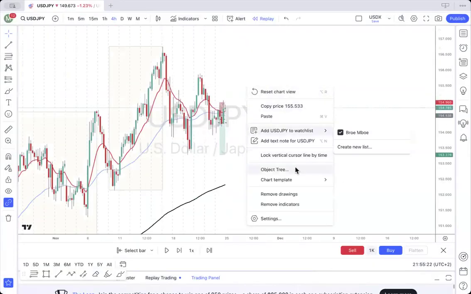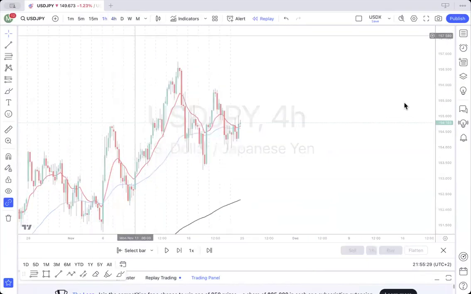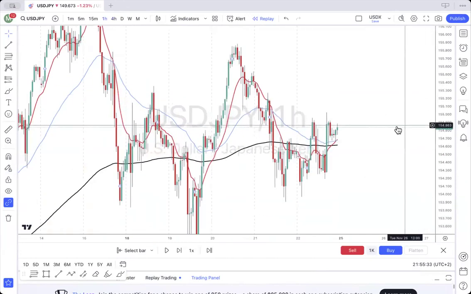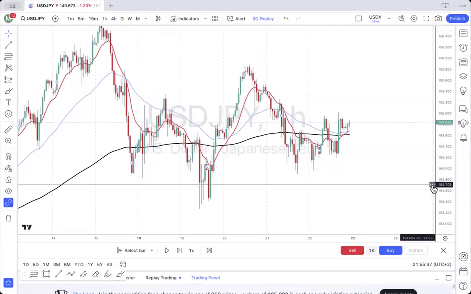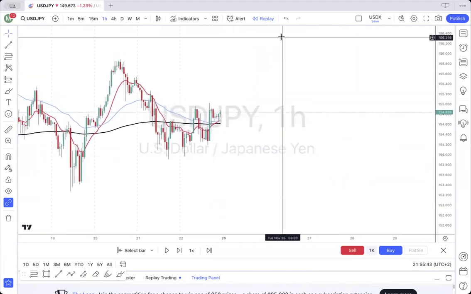So I had USD JPY. All right. Okay, it's because it's cut. That's why you're not going to see that.